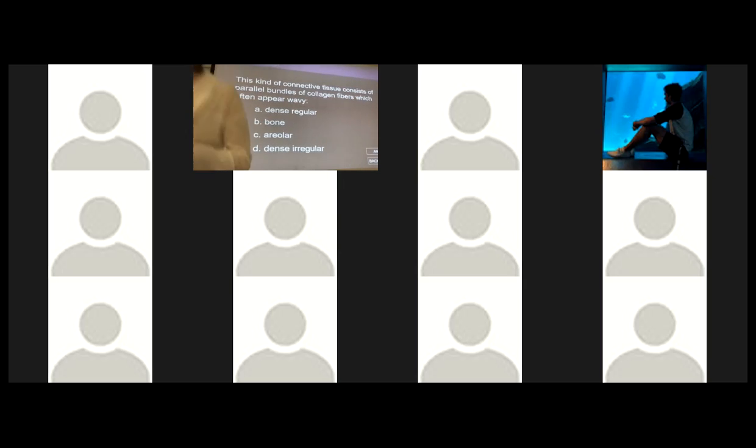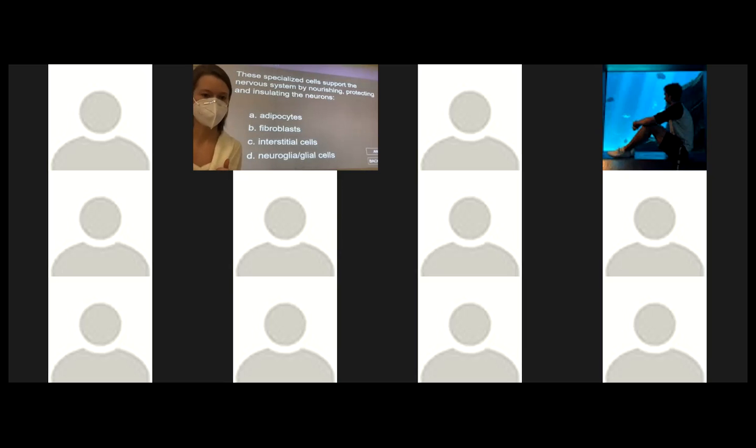All right, so now it's y'all's turn. So group number 3. What do you guys want? Muscle and nervous 500. So here's muscle and nervous 500. These specialized cells support the nervous system by nourishing, protecting, and insulating the neurons.